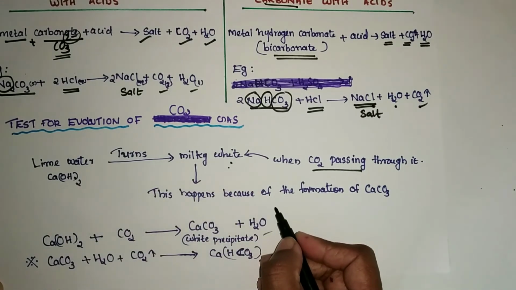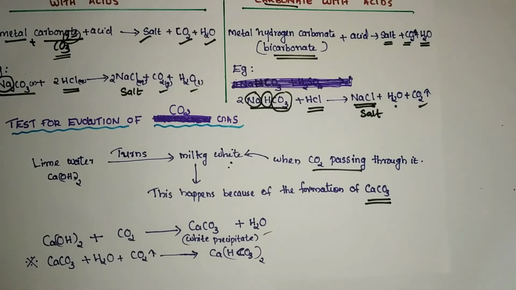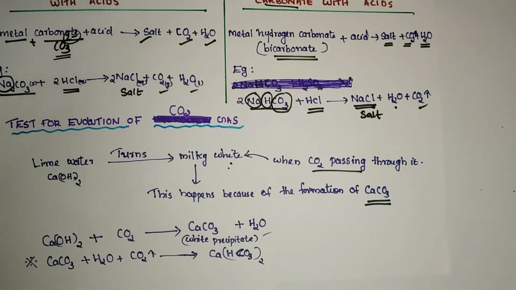This happens because of the formation of a white precipitate, calcium carbonate, which is present in the form of limestone, marble, chalk. These are the different forms of calcium carbonate.